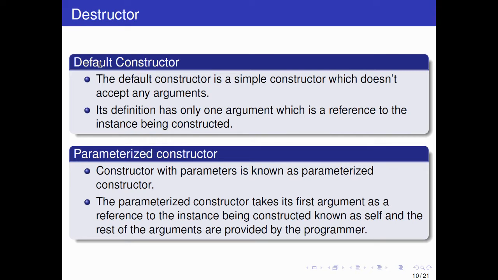Okay, so here is a default constructor. The default constructor is a simple constructor which does not accept any arguments, and its definition has only one argument, which is a reference to the instance being constructed, like self.